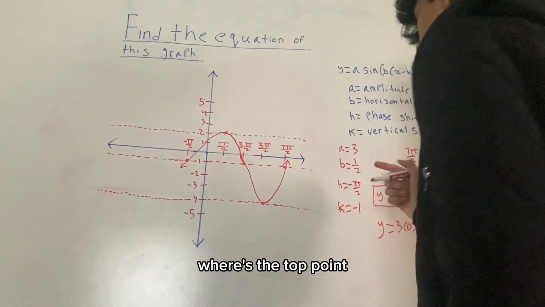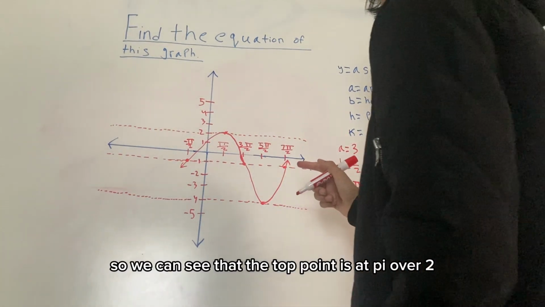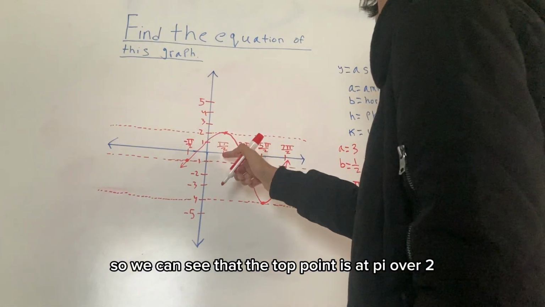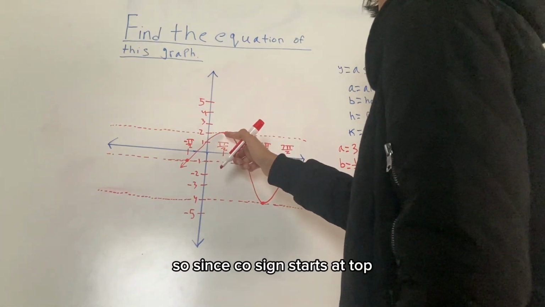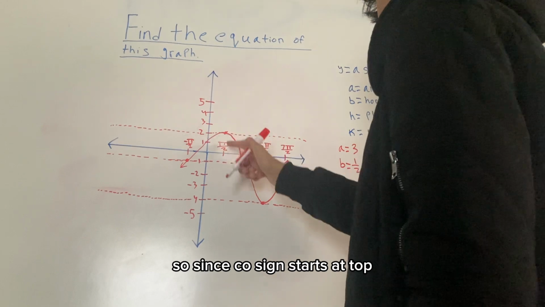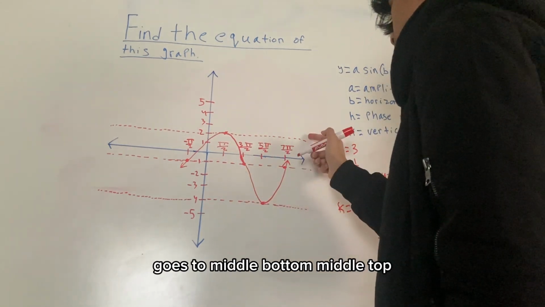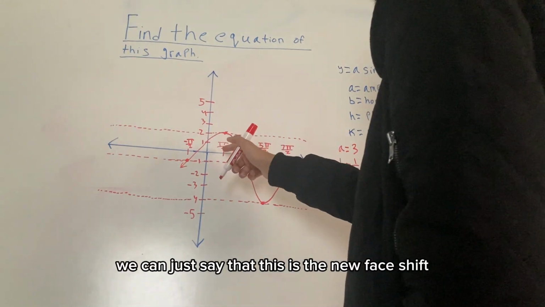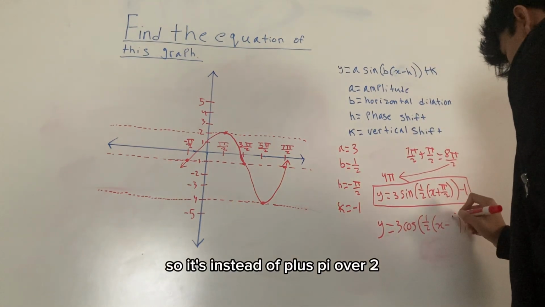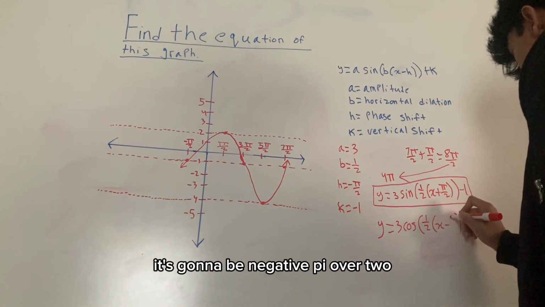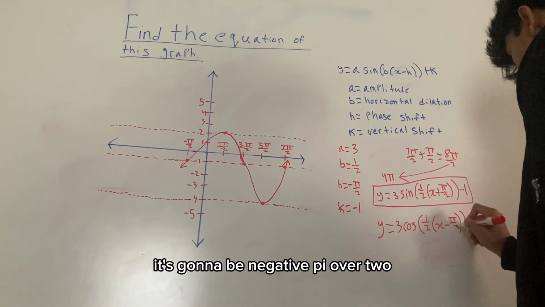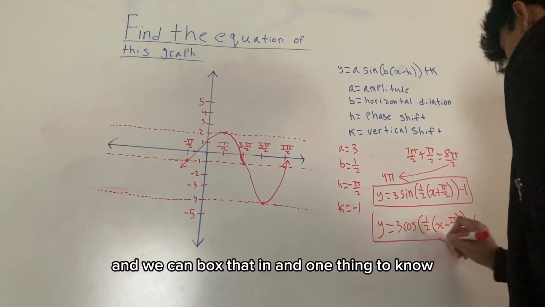Where's the top point? We can see that the top point is at pi over 2. Since cosine starts at top, goes to middle, bottom, middle, top, we can just say that this is the new phase shift. So instead of plus pi over 2, it's going to be negative pi over 2. And we can box that in.